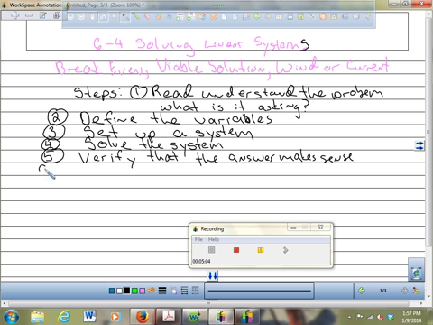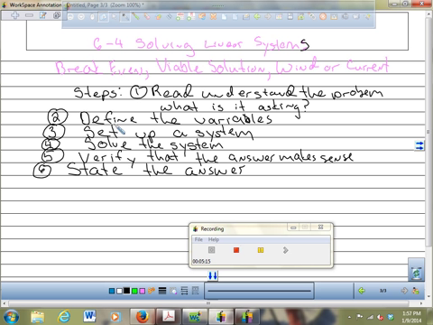And finally, step 6, you want to state the answer. What I mean by verifying that the answer makes sense is, for instance, maybe one car starts off at 10 miles an hour and accelerates at a rate of 5 miles an hour per second.